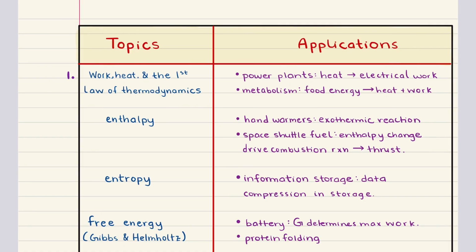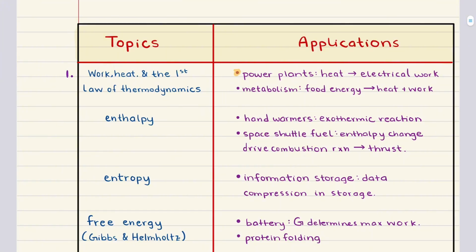Now, as an example, in a power plant, heat produced by combustion is going to be converted into electrical work. The same principle applies in biological metabolism, where the chemical energy stored in food is transformed into the heat and work that sustain life.